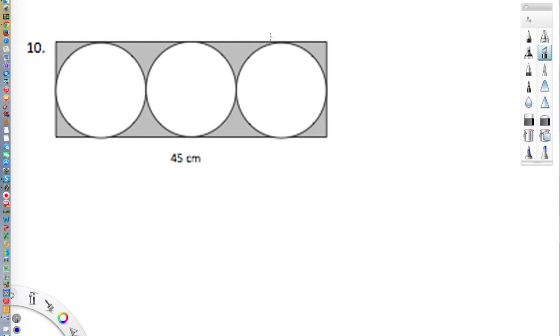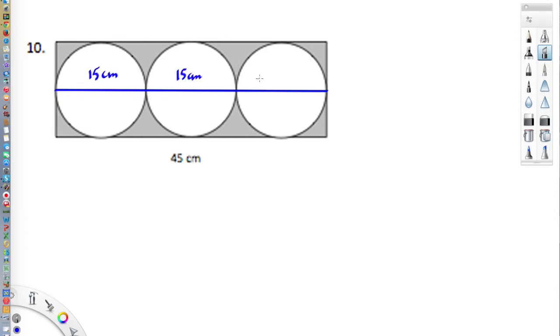Okay, let's take a look at number 10 here. We have a fun one. We've got to find the area of the shaded region, and the shaded region is a partial region of a rectangle. What we have here is a rectangle that is 3 circles long. Yes, I said 3 circles, not 45 centimeters long, because that's important. It's 3 circles long, and since each of these circles is equal in size, each one would have to be 15 centimeters in diameter.